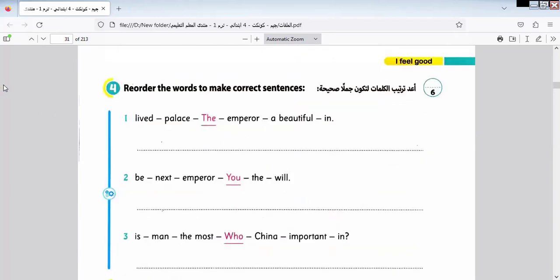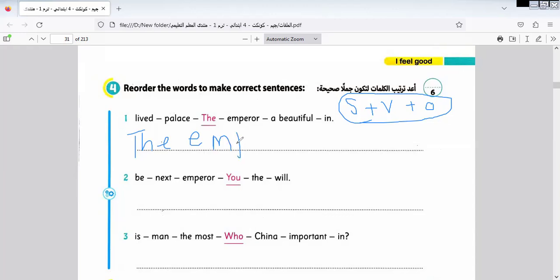Here we have the rearrange: subject plus verb plus object. Every video I will tell you this rule to answer the question. You must write this rule when you answer the question of rearrange. I answer two sentences and leave the rest as homework. The emperor: here is the subject. Where is the verb? Lived.